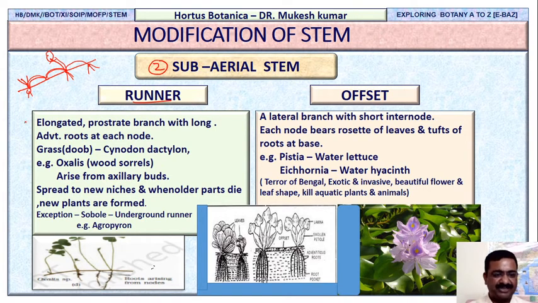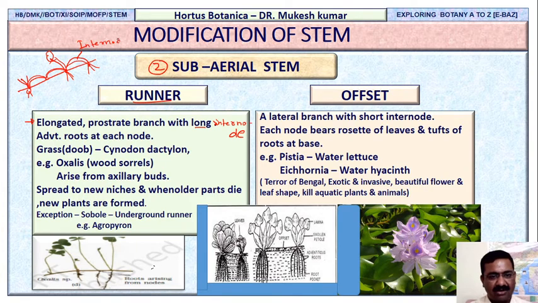Important points: first, it is an elongated prostrate branch with long internodes.